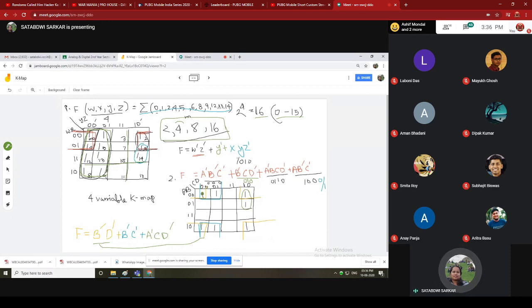If we can make a group of 2 cells, then we will try, if in any way we can make a group of 4 cells or 8 cells, then our expression will be minimum. And if we have minimum expression, then we use minimum number of gates, and the cost for generating our circuit will be minimized.